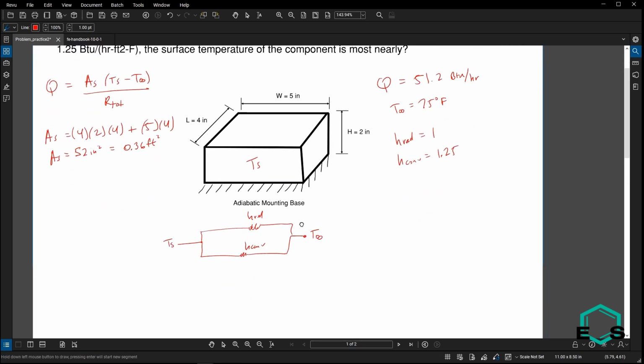Therefore, this is parallel resistance. The formula for R total for parallel looks like this: 1 over R radiation plus 1 over R convection. And if we rearrange and solve for R total, it looks like this.